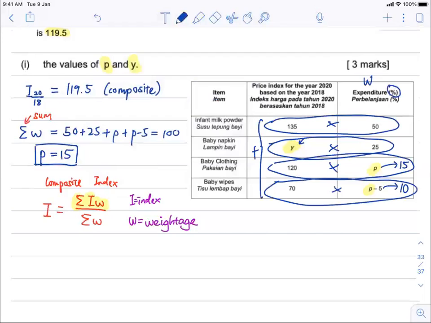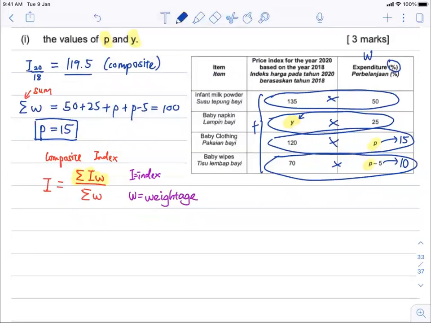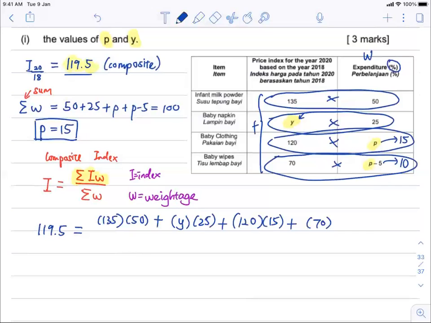By using the formula, we can find the composite index. Okay, so let's get started. The composite index is 119.5 as provided in the question. 119.5, and the summation IW will be 135 multiplied by 50 plus y multiplied by 25 plus 120 multiplied by 15 plus 70 multiplied by 10 divided by sum of weightage is 100.